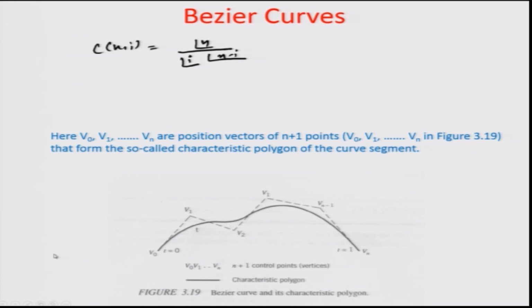So, that is how we will define the Bernstein polynomial, and the Bezier equation is V(t) equals sigma from 0 to n of C(n, i) t to the power i times (1 minus t) to the power of n minus i times V_i.